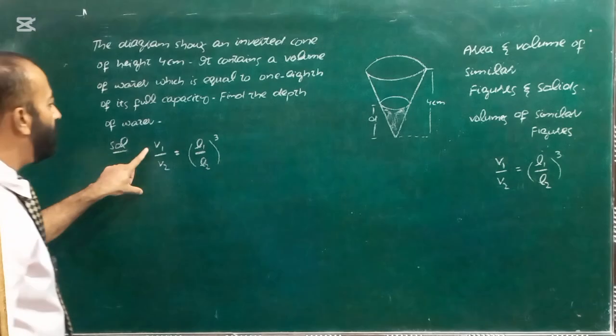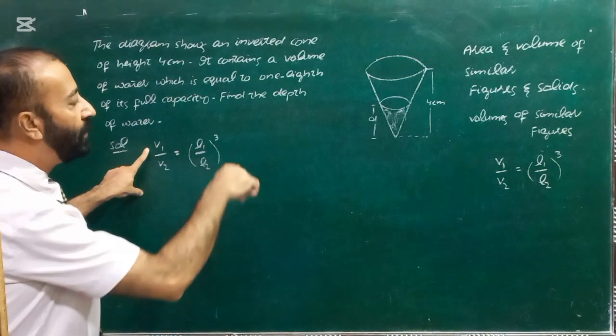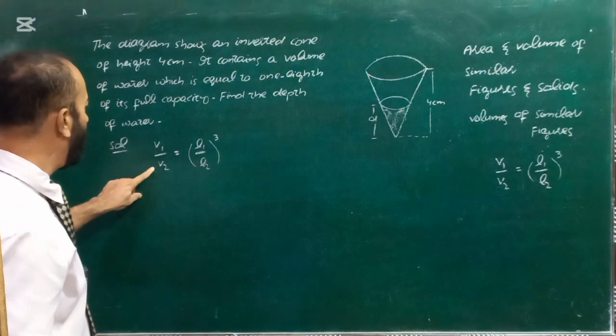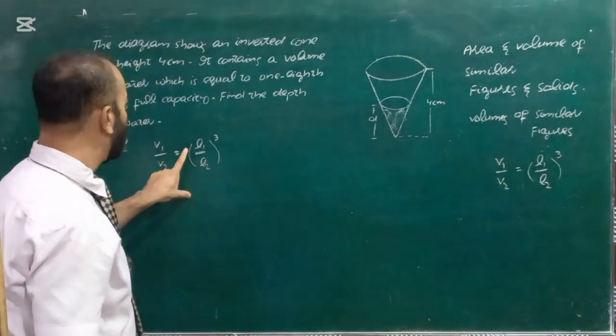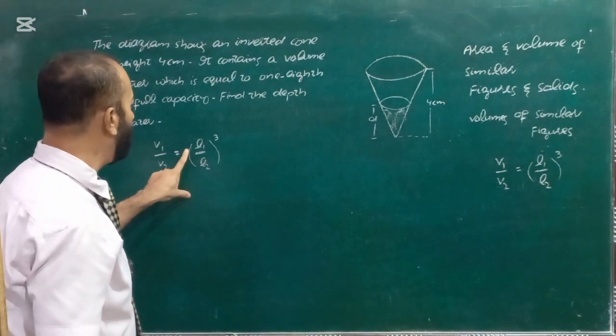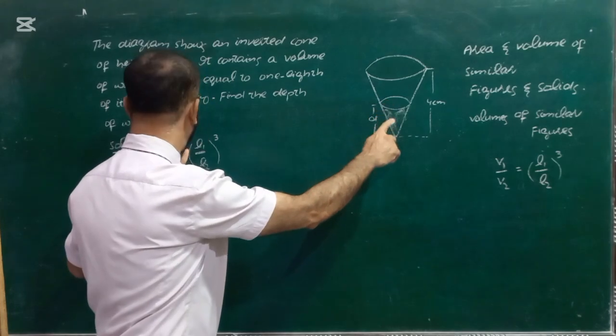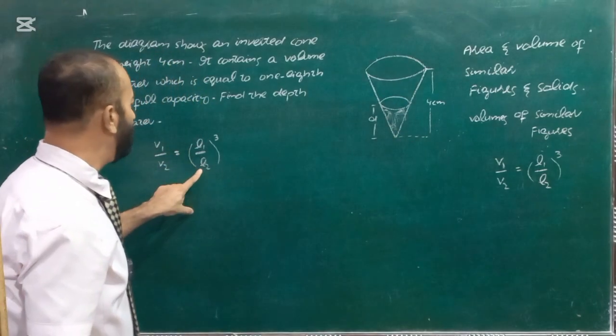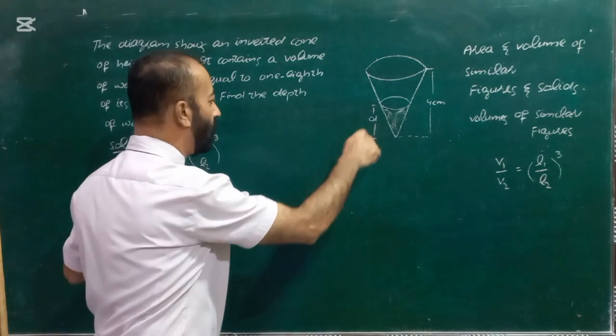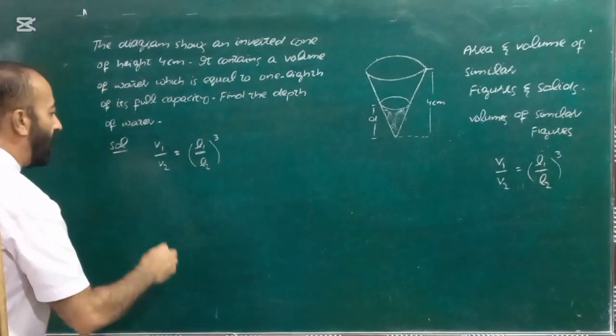Suppose V1 is the volume of the bigger cone and V2 is the volume of the smaller cone. So that's why L1 will be the depth of the bigger cone and L2 will be the length of the smaller cone. So we are going to apply the values.